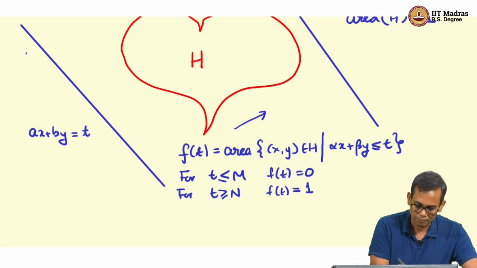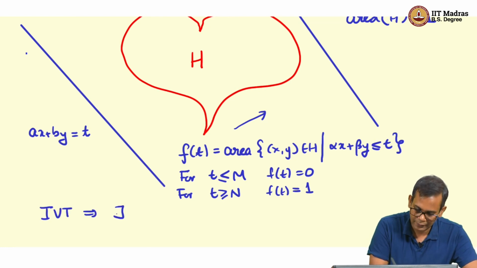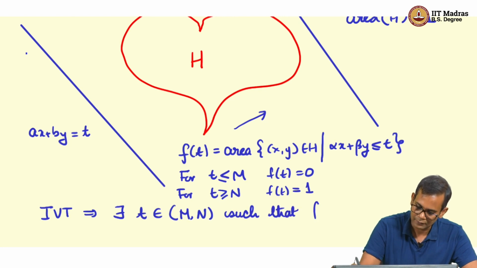And so, by the intermediate value theorem, there exists a t in the interval [m, n] such that f(t) is equal to half.